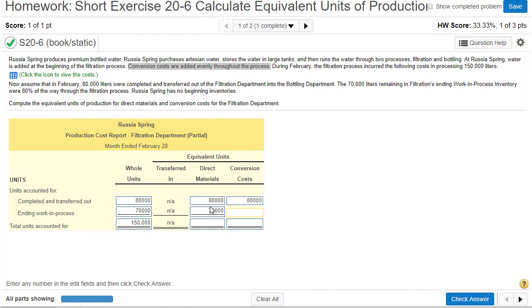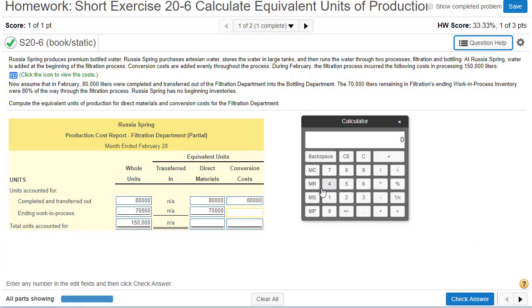So we had to figure out, of these 70,000 units, that's the equivalent of how many full units have had the conversion costs added to them. Well, this is just simple arithmetic. We just take our 70,000 and we multiply it by 80%, which is 0.8, which gives us 56,000. So that means of these 70,000 units that are partially complete, they are 80% complete. That means that's the equivalent of 56,000 units having all of the conversion costs added to them.